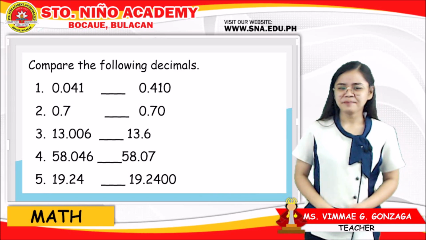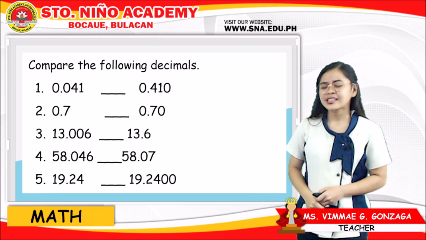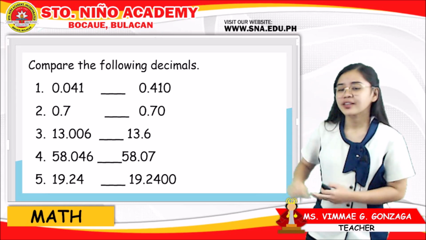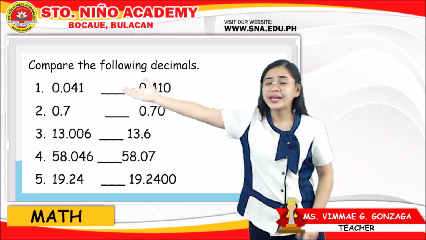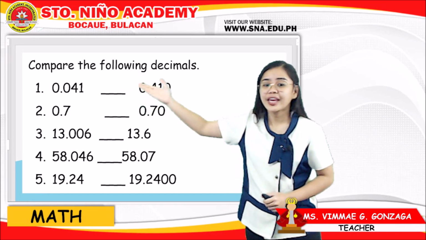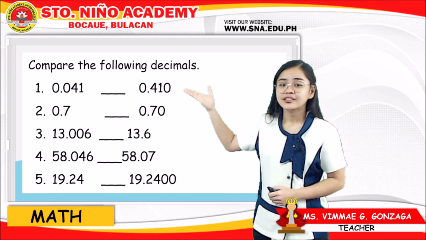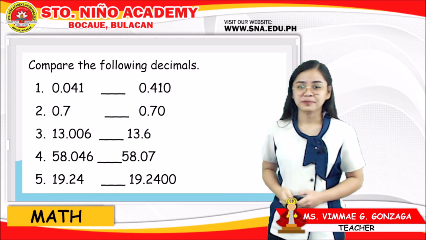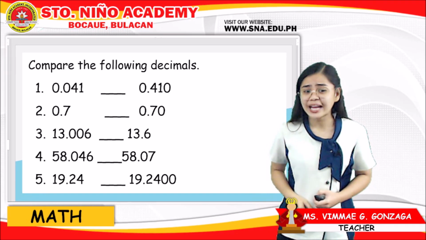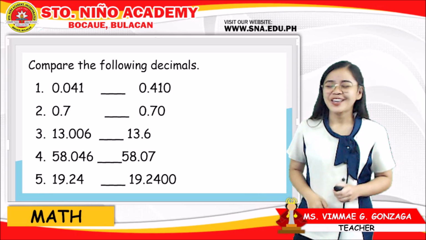This time, let's answer the following decimals. Let us compare them. For number 1, we have here 41 thousandths and then we have 410 thousandths. Is it greater than or less than? Very good.